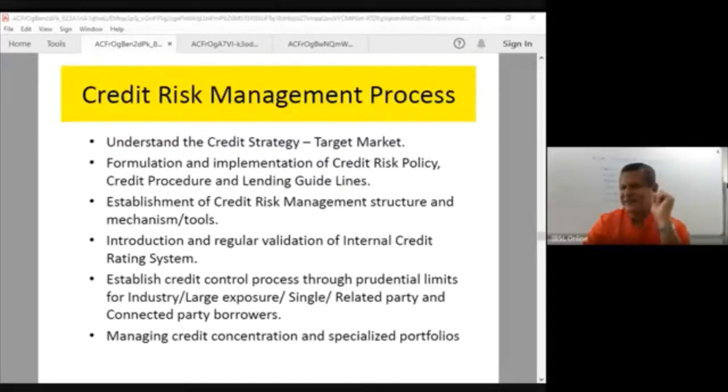In order to manage risk, you need to identify the risk. That is the first part. You need to know where the risk is. That's why we take so much information from the customer, from loan origination. Then once you identify the risk based on the information you have got for a facility, the second one is what we call measure.